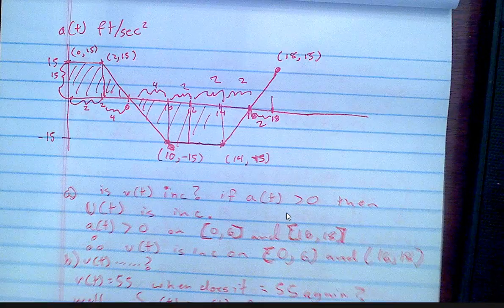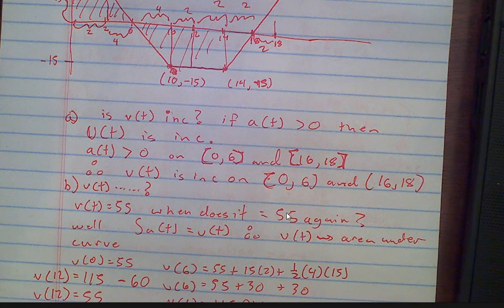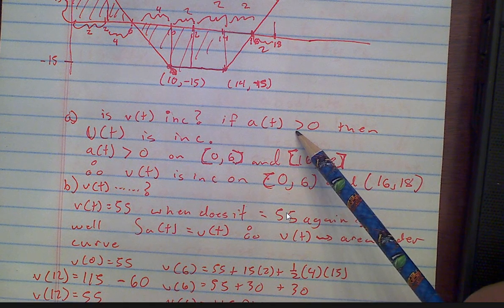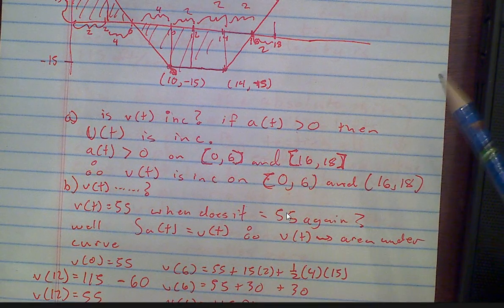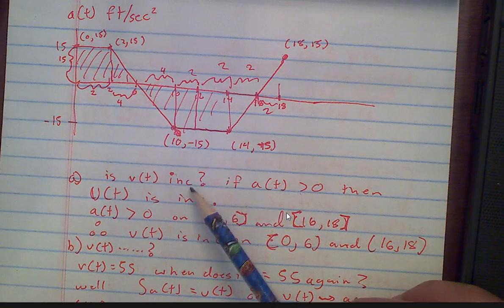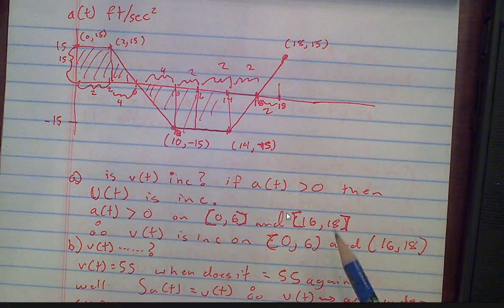We had this thing going on here, the acceleration. Now first we were asked, is the velocity increasing? Well, we know if the acceleration is greater than 0, then the velocity is increasing. Think about it. The acceleration is the derivative, the slope of the velocity.